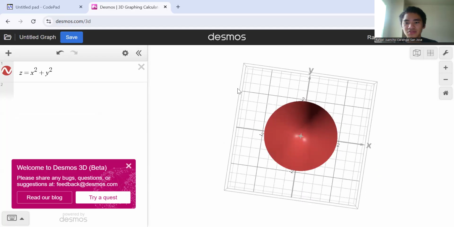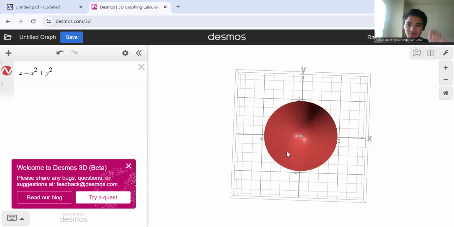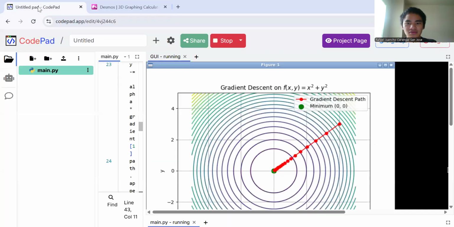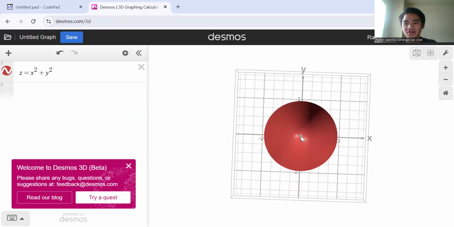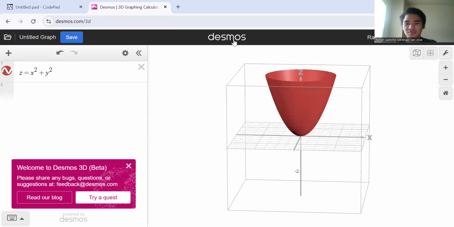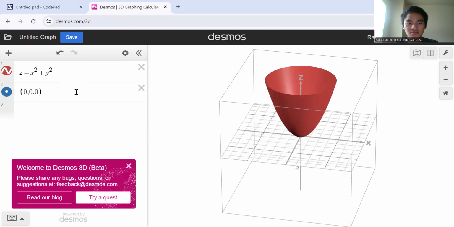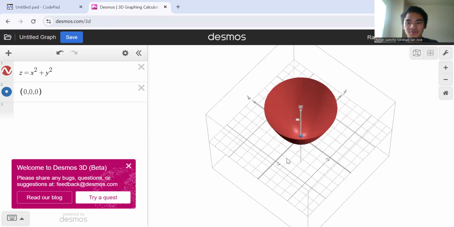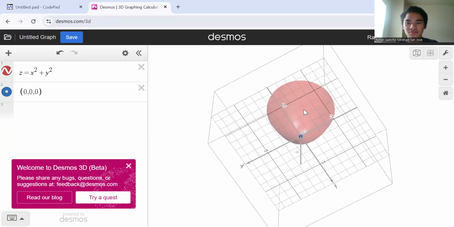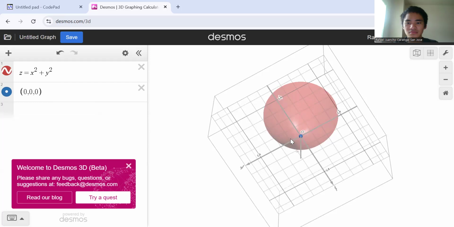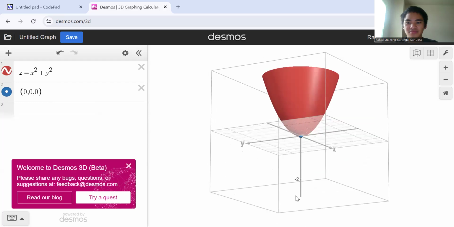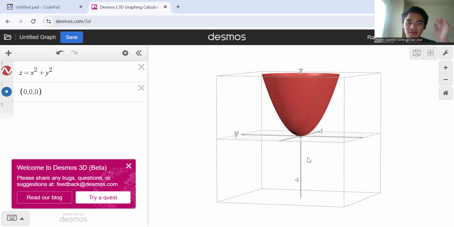There. That's what it's showing me at each level of Z. There. My minimum is exactly here at the bottom. So if we were to just do this, my minimum is at 0, 0, 0. And there you have it. There's my minimum at the very bottom there of that elliptic paraboloid, right?